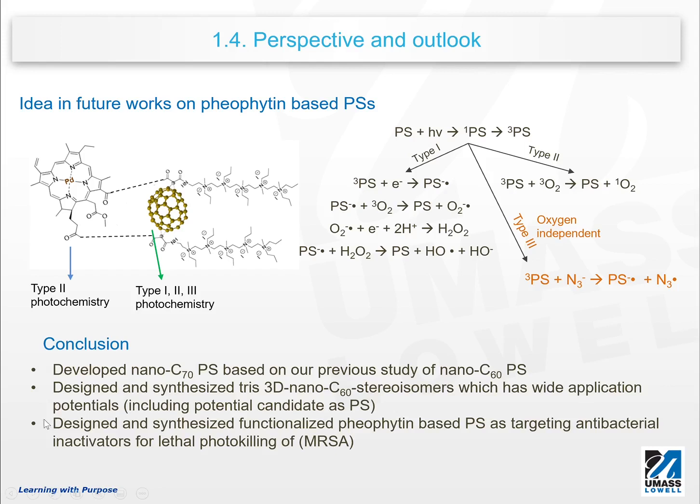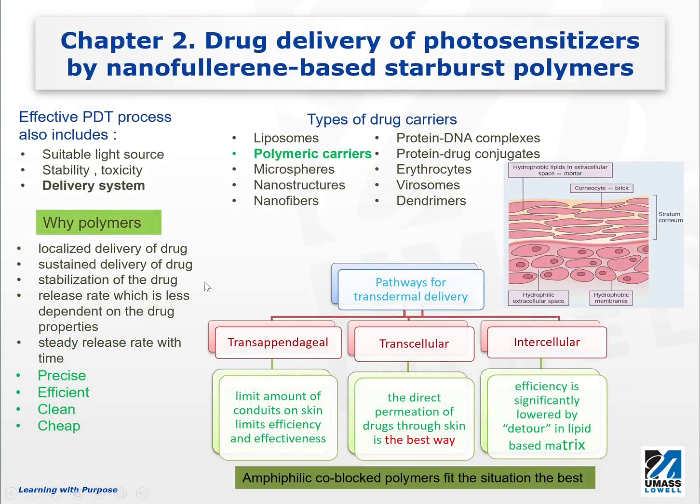And last, we designed and synthesized a functionalized F15 based photosensitizer as a targeting antibacterial inactivator for the lethal killing of MRSA. So in chapter 2, I'm going to talk about drug delivery of photosensitizer by nanofilament-based starburst polymer.